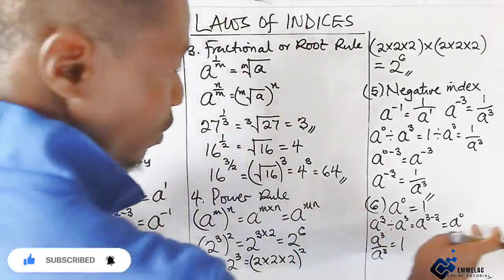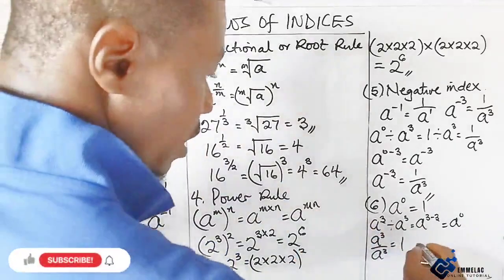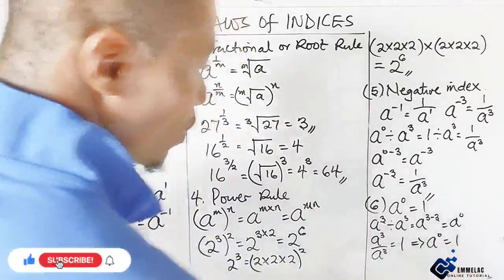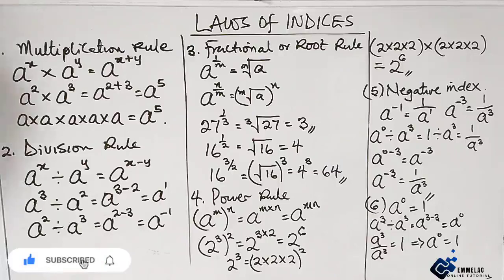So if this equals this and this equals this, we can therefore say that a raised to the power of 0 equals 1. Now these are the laws of indices, and these laws are applicable to any form of indices.